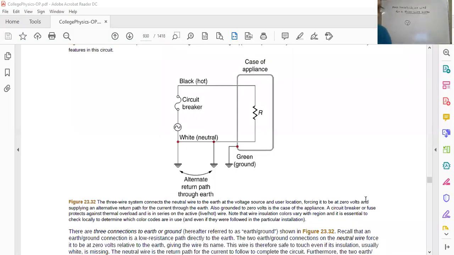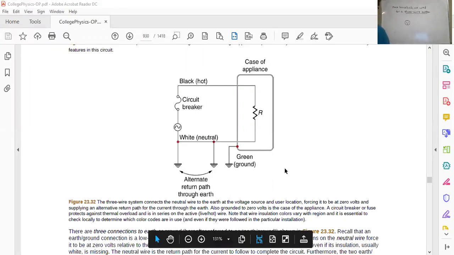Now old houses and old appliances will often just have a 2-wire system. Sometimes when you plug something in, the plug only accesses the two top holes and leaves the bottom hole unused. That gives you a little less safety, as you don't have the grounding. So the three-wire system is a safety feature. You also have the fuse.